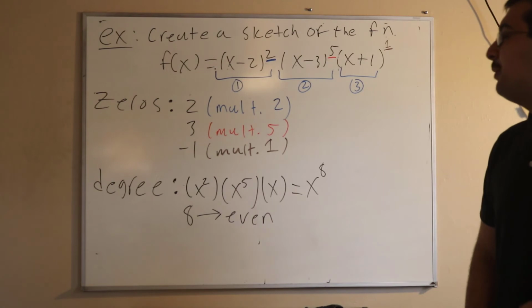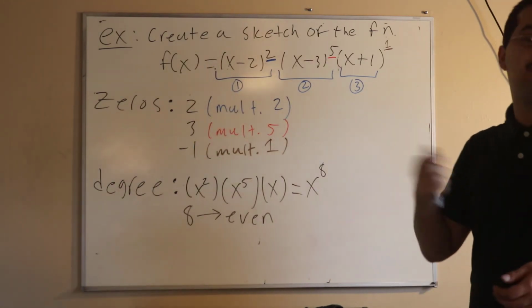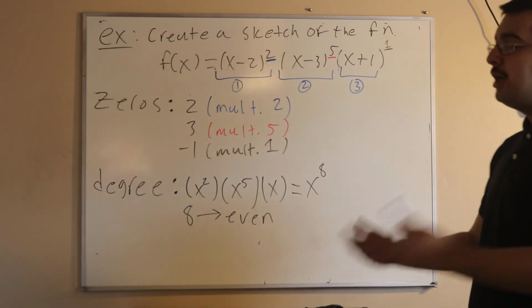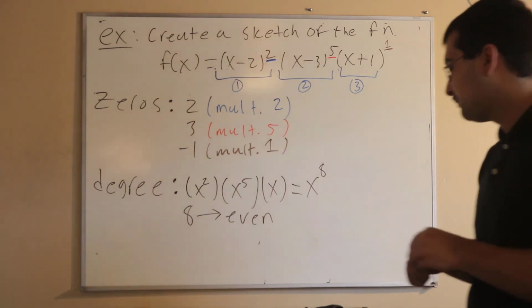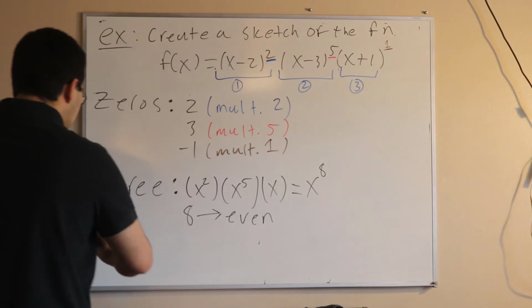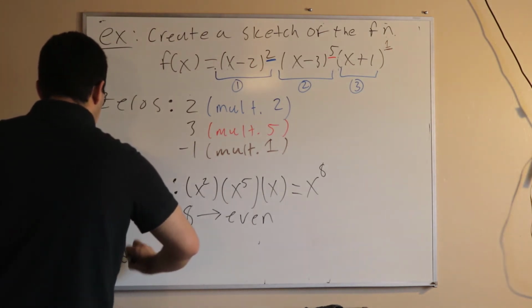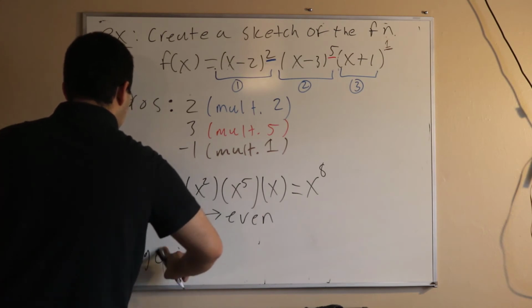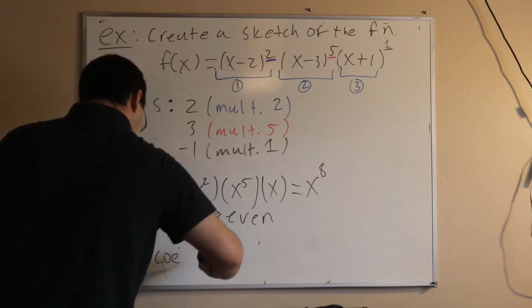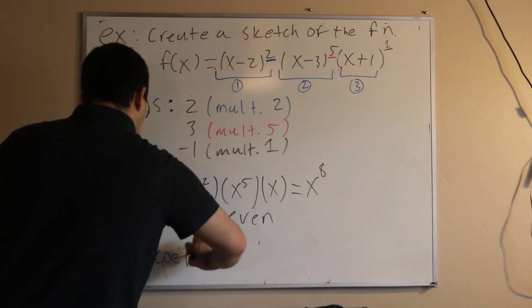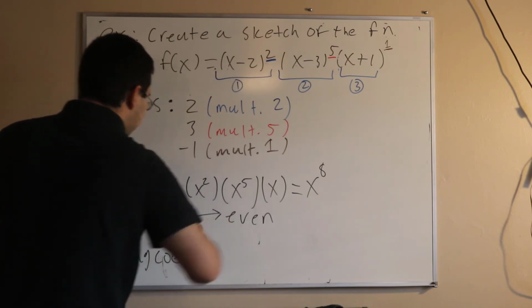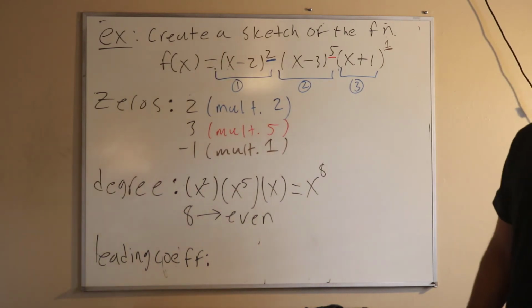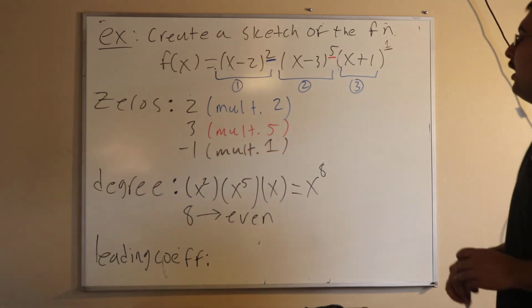So we now understand that we have a degree 8 polynomial, so that means we're even. Great. What's the last piece of information we're going to need? Well, the leading coefficient is what we're going to need to understand. So what is the value that's going to be attached to our highest degree, the number being multiplied?